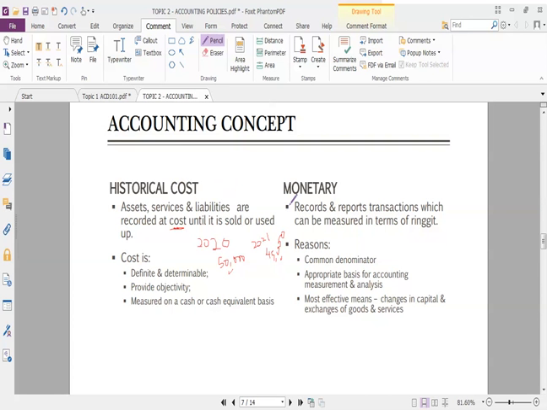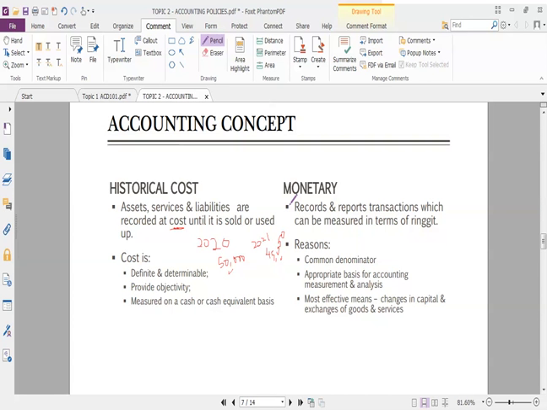If you are in India, you must record the accounting using monetary terms of what currency? India is using rupees, right? Yes, rupee. So in Malaysia, we are using ringgit Malaysia.